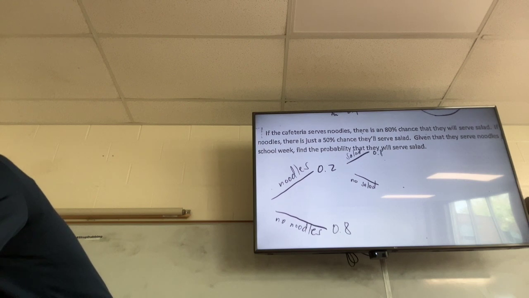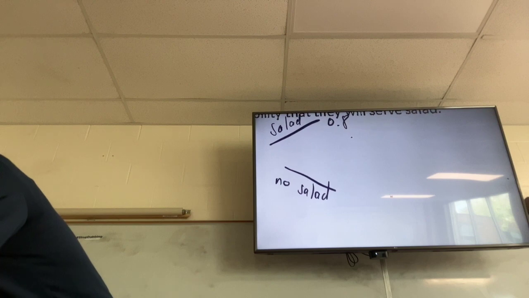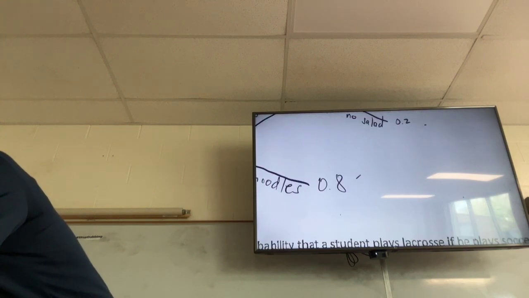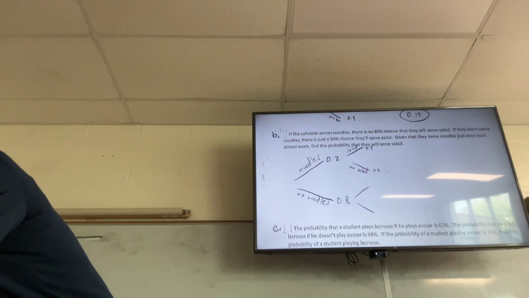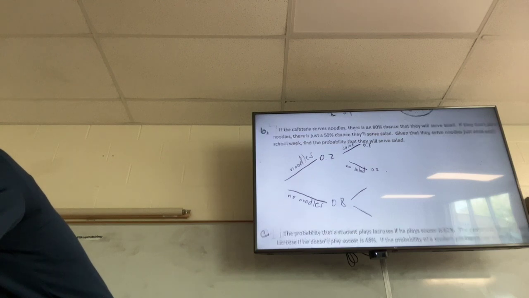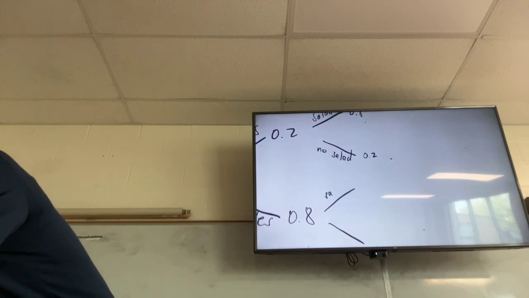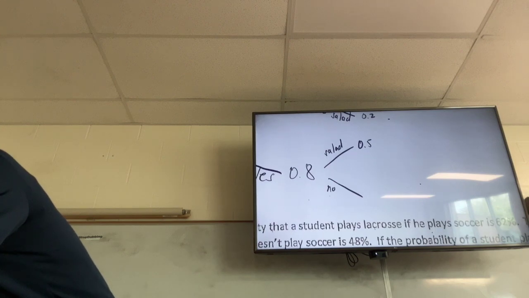And salad and no salad here have to add up to 1. So what's the probability of no salad here? And then go to the no noodles. If they don't serve noodles, there's a 50% chance they'll serve salad. So then there's a 50% chance there's no salad.